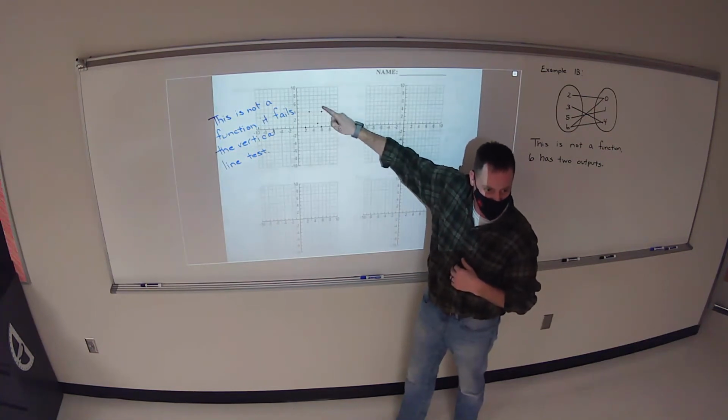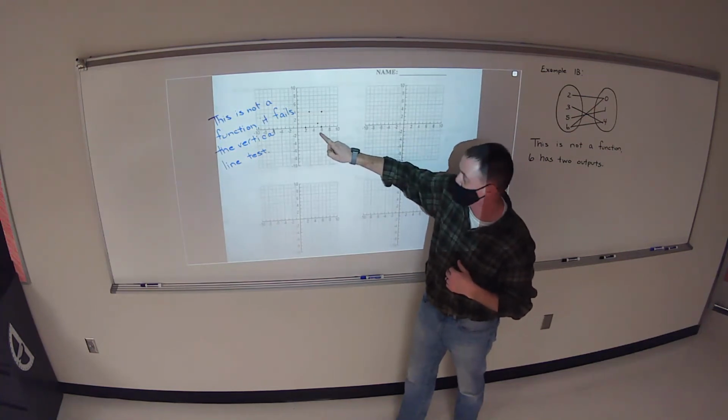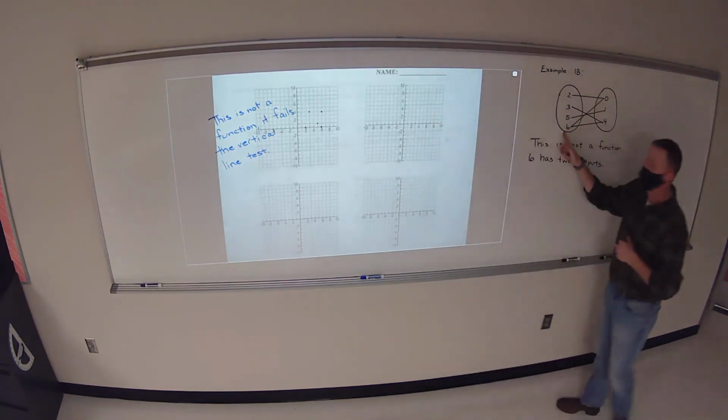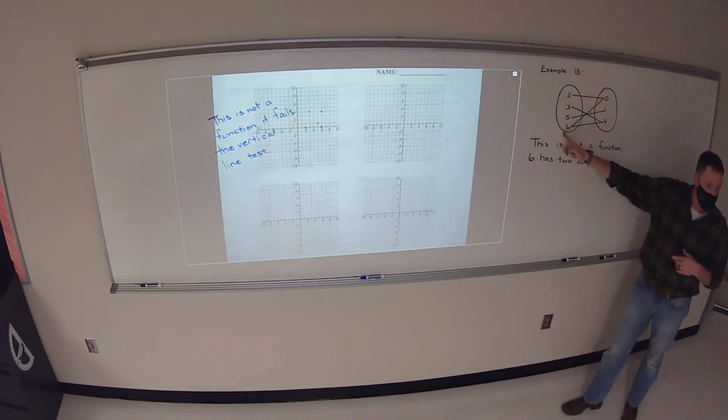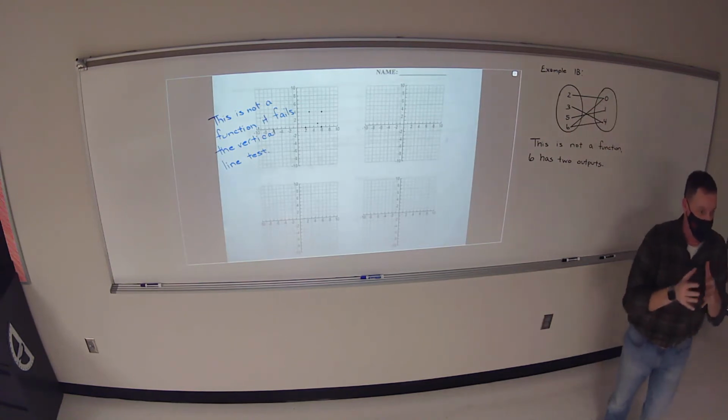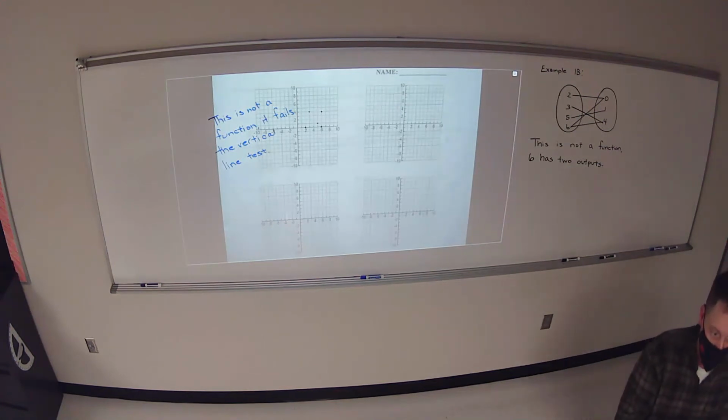Which number is causing us an issue? 6. Why is it causing us an issue? Because it has two outputs. This has an output of 4 and it has an output of 0. The vertical line test is your visual cue that shows that something has two outputs.